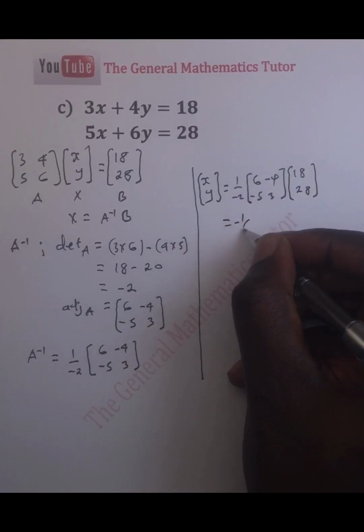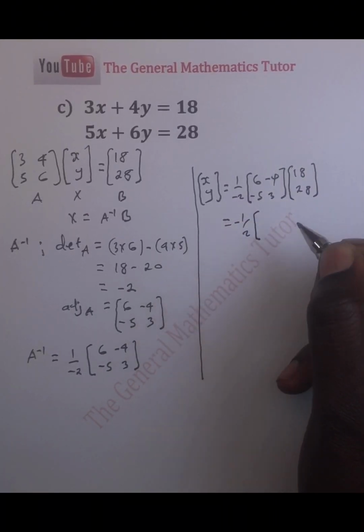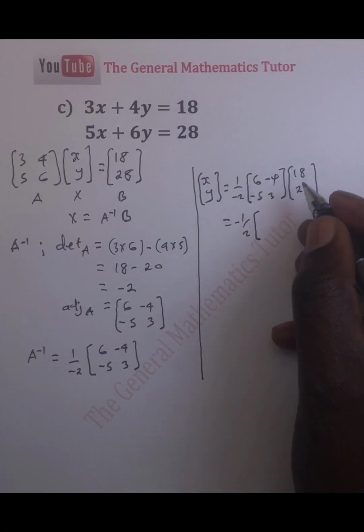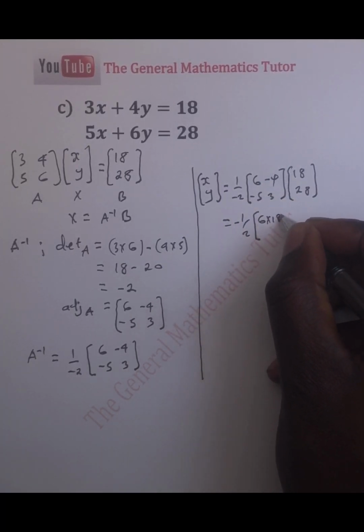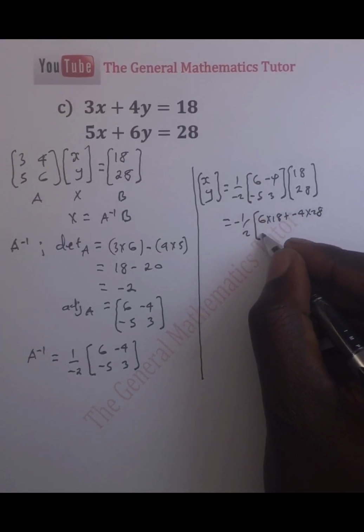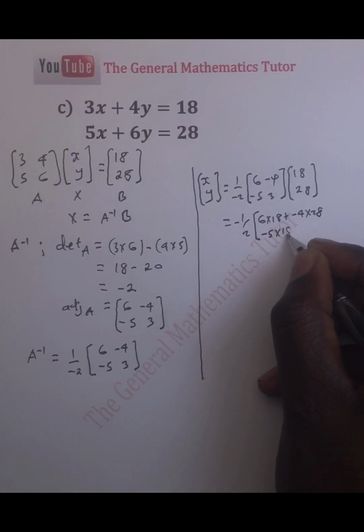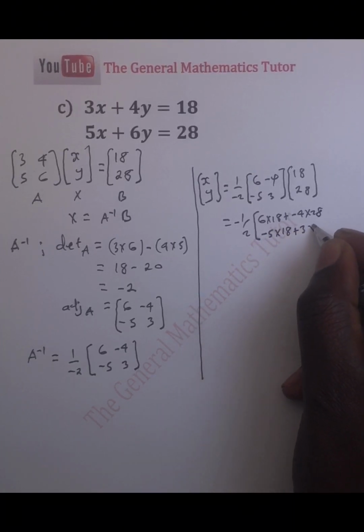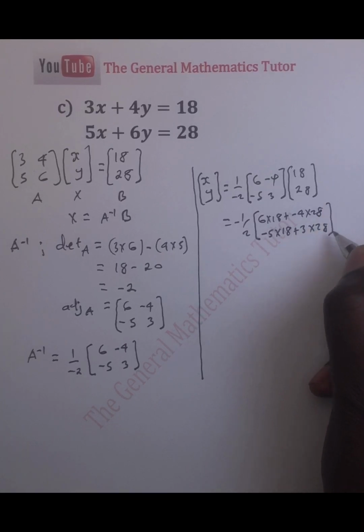So we can simplify these matrices. We can multiply the two. So we have 6 times 18 plus negative 4 times 28, and then here we have negative 5 times 18 plus 3 times 28.